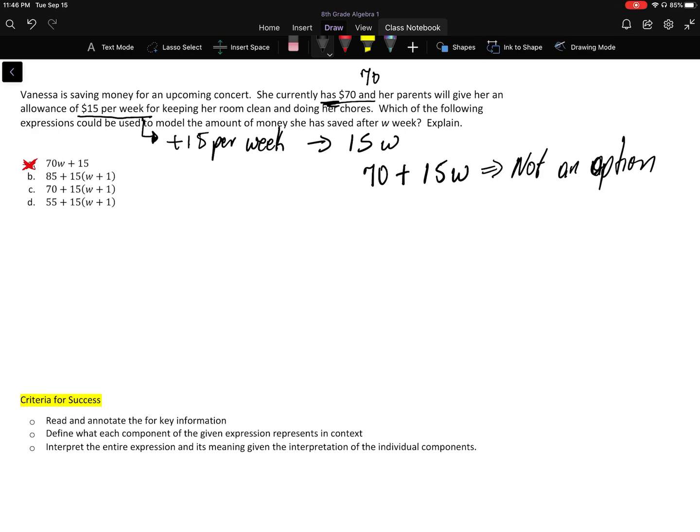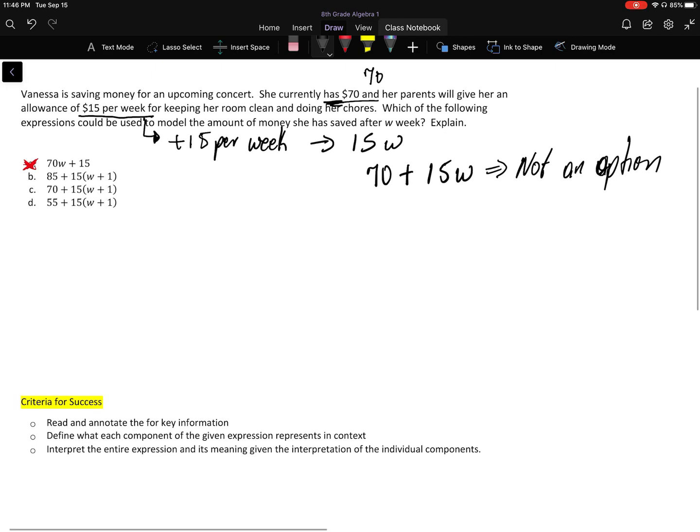For these, we have to try to make them into 70 plus 15W. So let's try the first one, and let's use simple algebra.